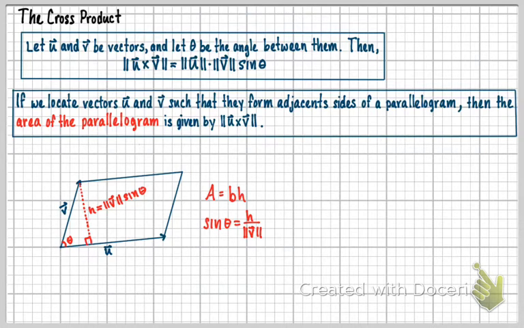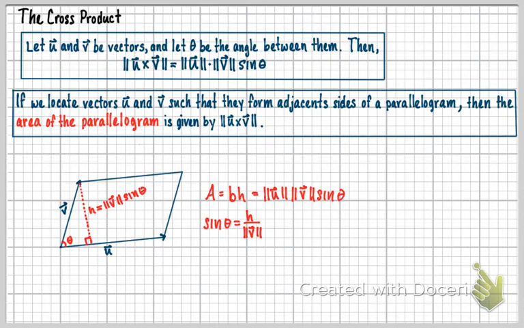Now we have all that we need for our formula. The base, again, is not the vector u but its length, so it would be the magnitude of u. And the height, which we calculated already, is the magnitude of v times sine of theta.